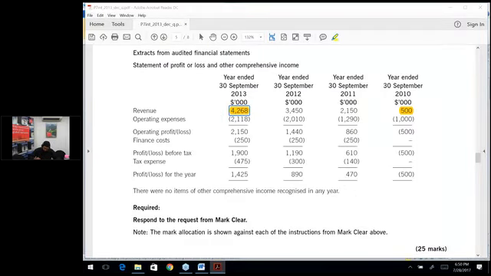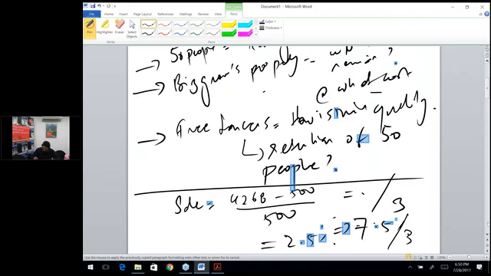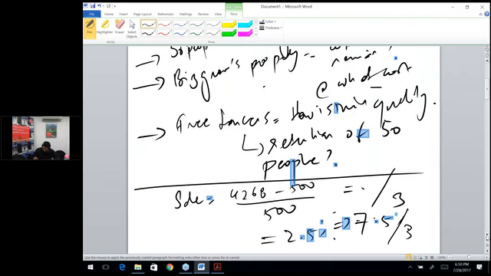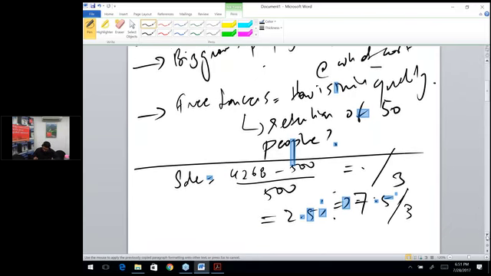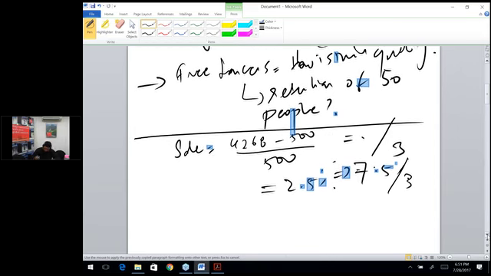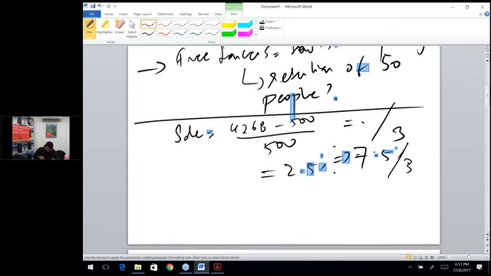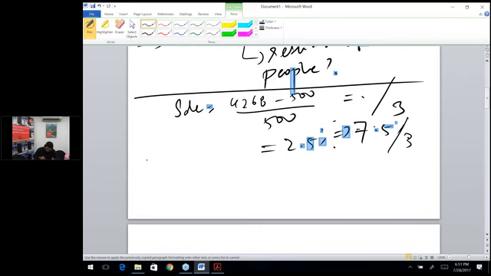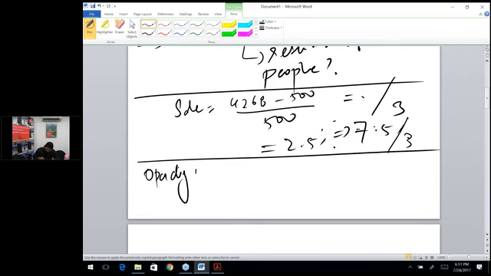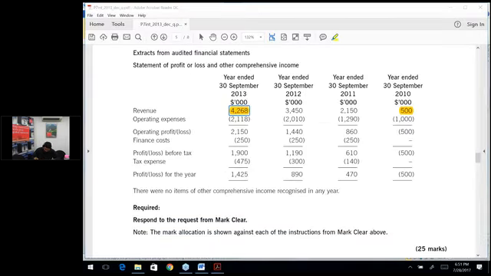The next situation is, you can actually talk about the operating expenses also, how the operating expense is increasing. What's the change in the operating expense?